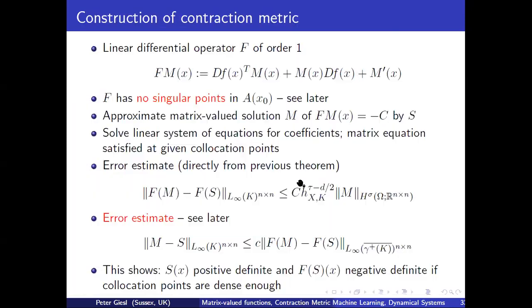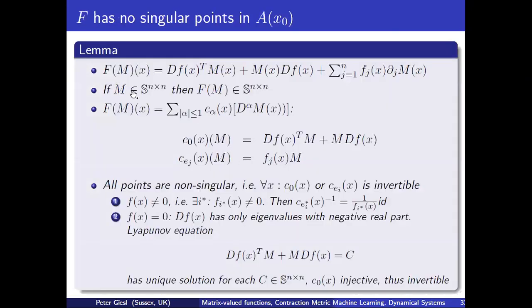Right, now let's go through these points that I said we will see later: we have no singular points, and we have this error estimate. First of all, let's look at the singular points. So f of m is given by this quantity. This is m dash, just spelled out a little bit more so we can see what the lemma will tell us.